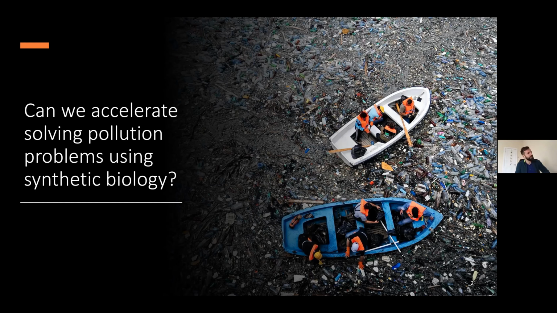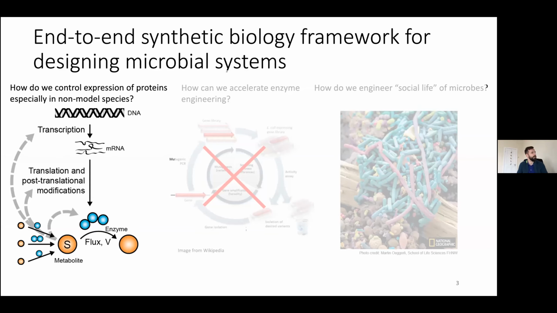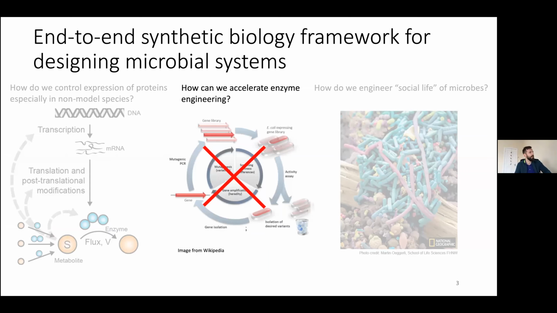To engineer these microbial systems, you need to express proteins, and you also need to control metabolism. You need to engineer proteins that will consume some products of plastics, and for that, of course, you need to make better enzymes that work faster.